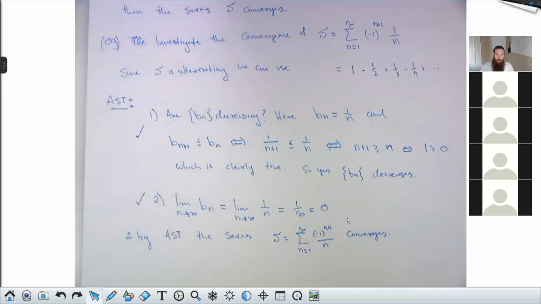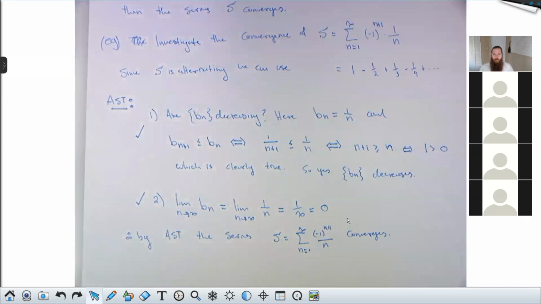In other words, the alternating version of the harmonic series is a convergent series. And this should start setting off some warning bells in your head. Right? The regular harmonic series diverges, but the alternating harmonic series converges. So somehow, alternating series have an easier time converging than series of positive terms.